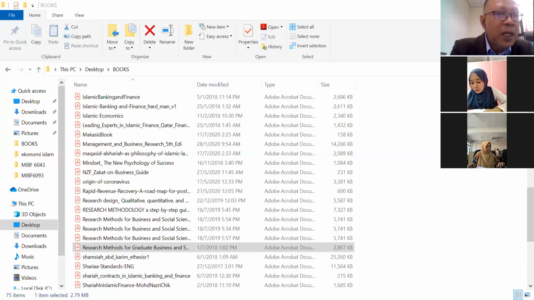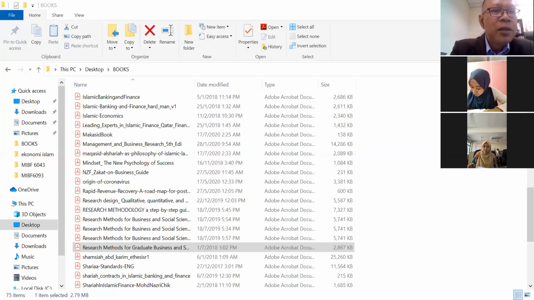The second type of data is called secondary data. Secondary data is the type of data collected by other people to answer their research problem and their research objectives.